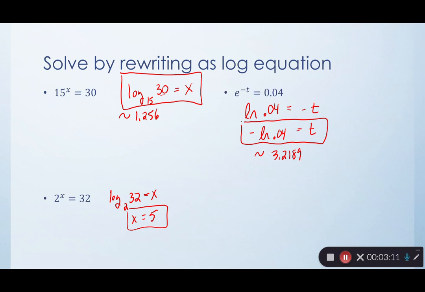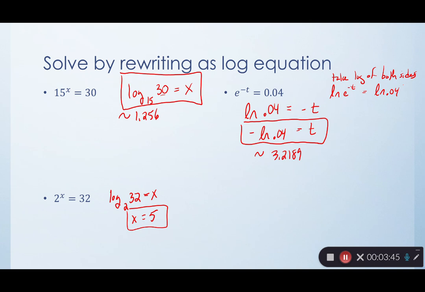So the mental trick for this one, y'all, which you've probably used in the past, and it's going to be the same thing for the next strategy, is to take the log of both sides. What we're really doing is rewriting as a log. But if we take the log of both sides, in this case, since it's e, we're going to do ln. So it would be ln of e to the negative t equals ln 0.04.